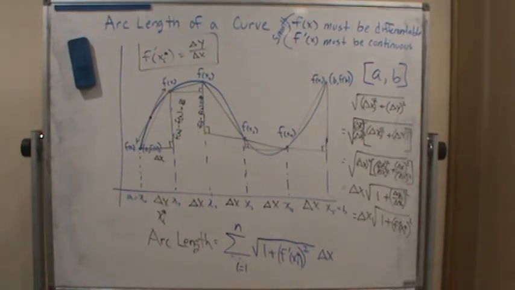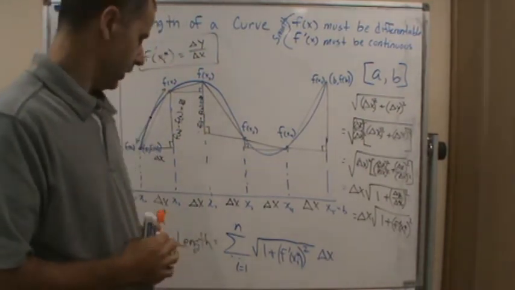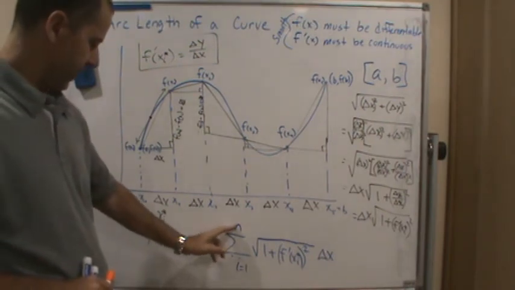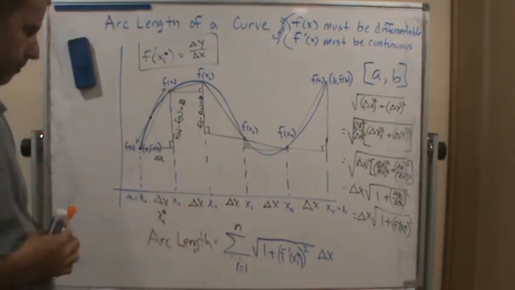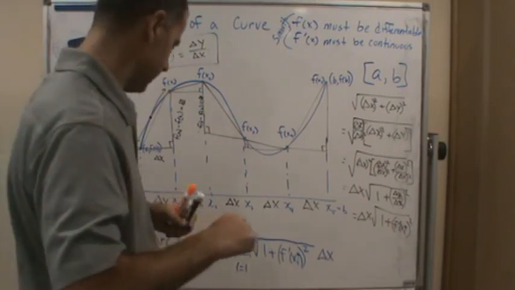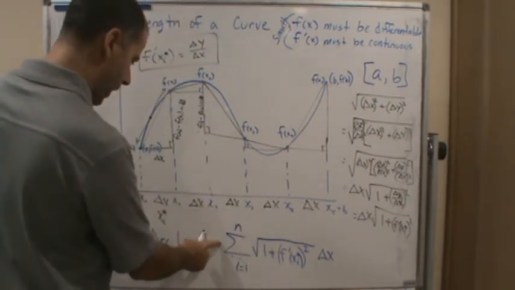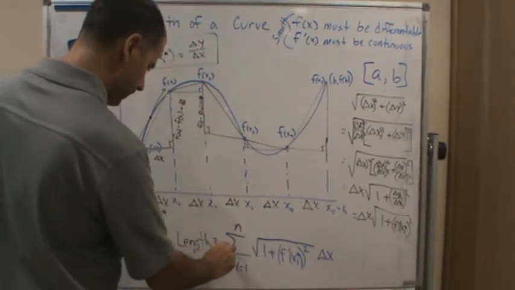Now, just like we always do, let's take the limit as n approaches infinity. This sum is going to give us the approximate arc length.